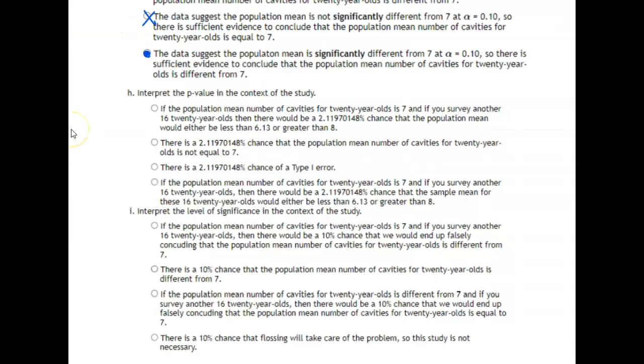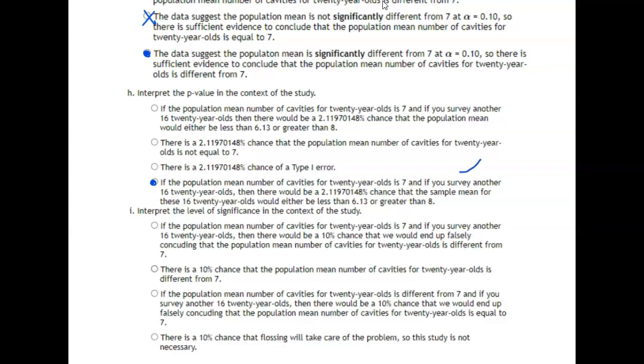All right, so what's it saying? The one we choose is going to be this one. If the population mean number of cavities for 20-year-olds is 7, and if you survey another 16 20-year-olds, then there will be a 2.119% chance, which is the p-value, that the sample mean for these 16 20-year-olds would be either 6.13 or less or greater than 8.